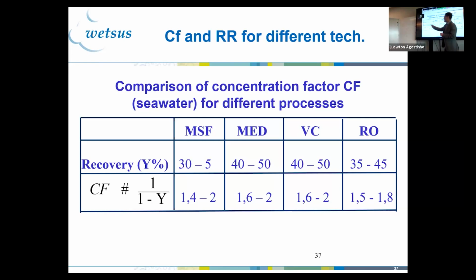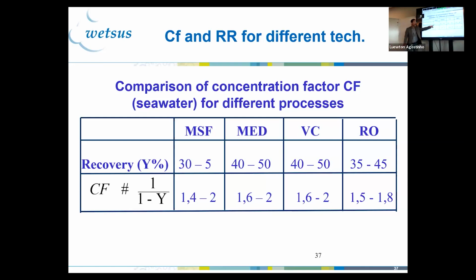The problem is here, as you can see, right? You can see here that the recovery rate of MSF, multi-stage flash, can be between 5 and 30. What does it mean? It means that for MSF, sometimes, pay attention, I am putting how many liters inside my system, and I'm getting how many here?